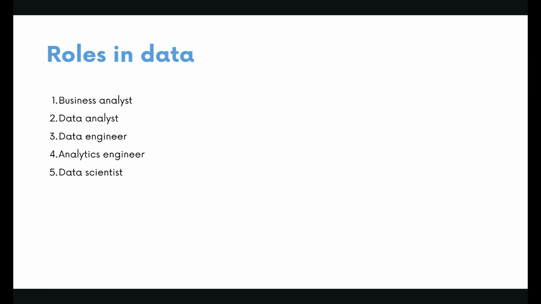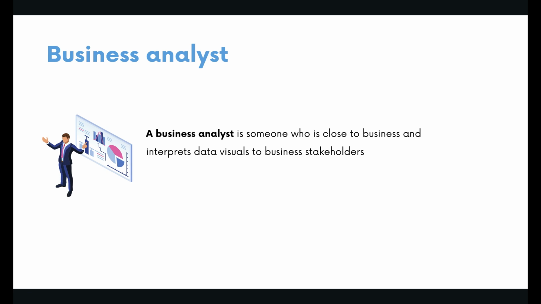Let's talk about the roles in data now. What roles are there in data? This is also in the context of the PL-300, just to keep in mind. In essence, when we talk about the different roles, there's your business analyst, your data engineer, your analytics engineer, and you've got your data scientist. We're going to start with the business analyst.